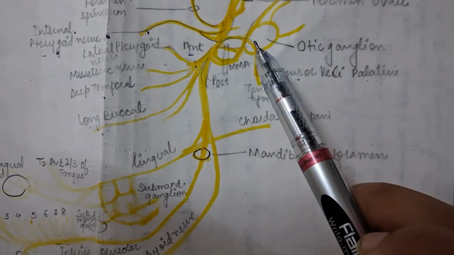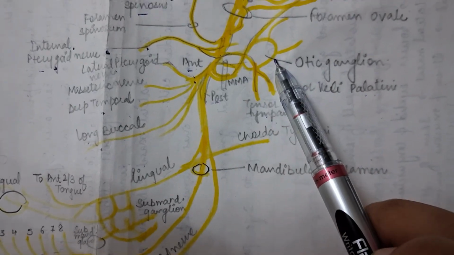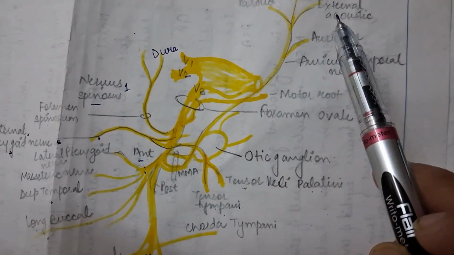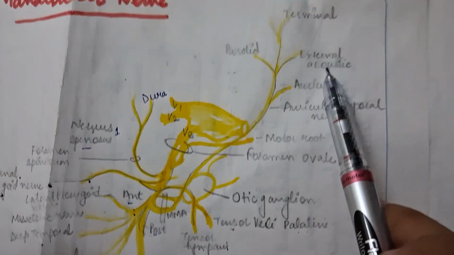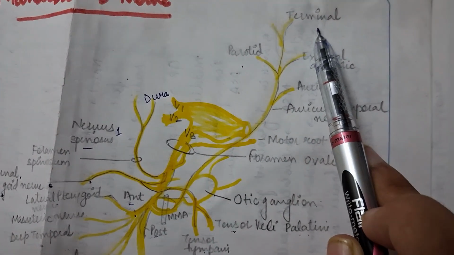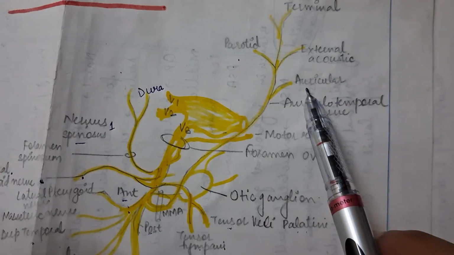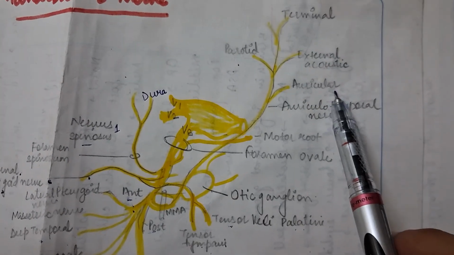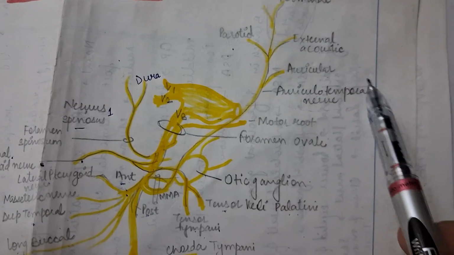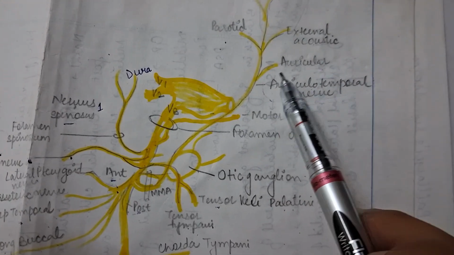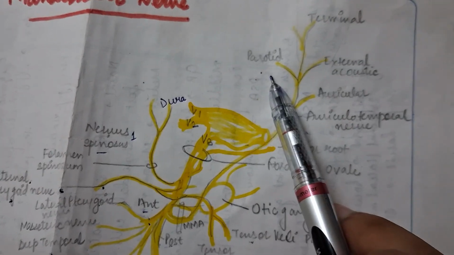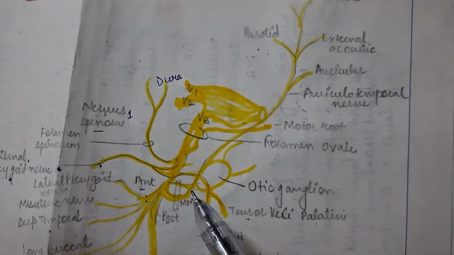It is associated with the otic ganglion and passes upward to supply the external acoustic meatus, giving its fibers to the parotid gland, and terminal branches to the ear, pinna and auricular branch. So auriculotemporal, as the name suggests, supplies basically the ear and it gives its branches to the parotid gland also.